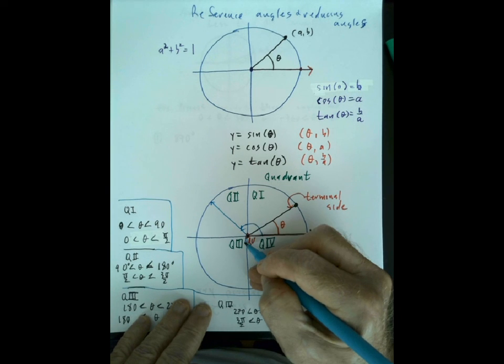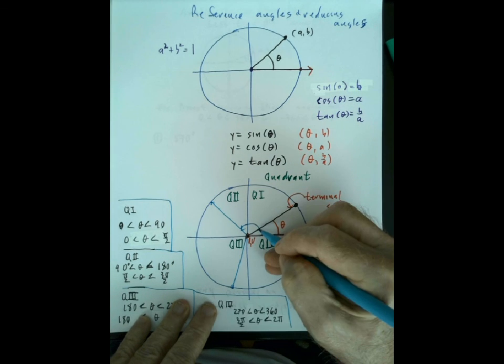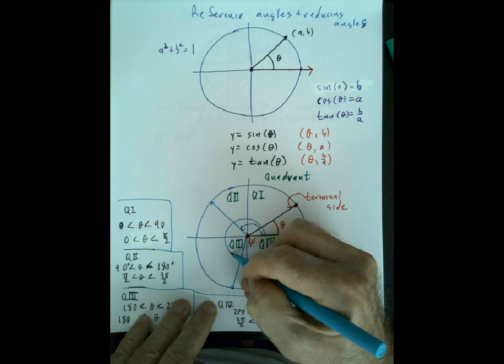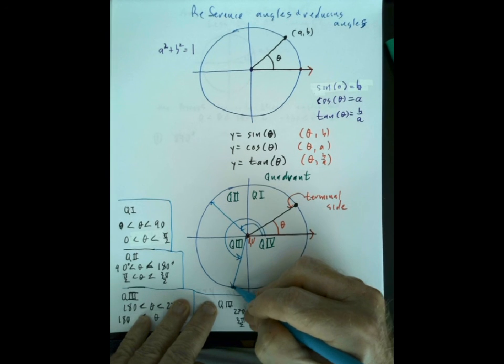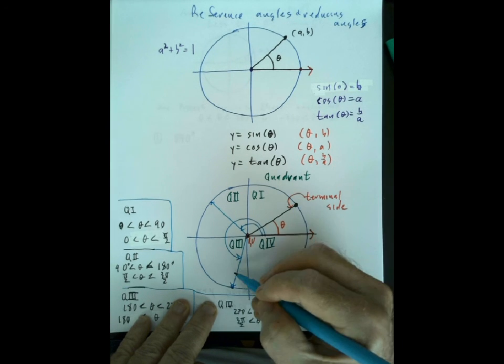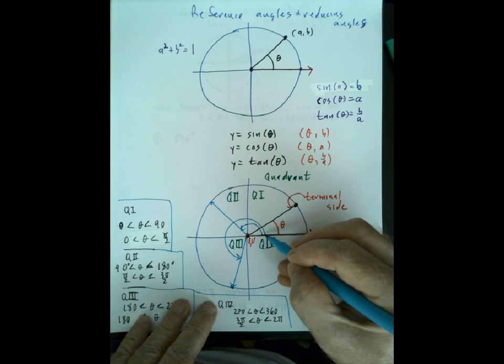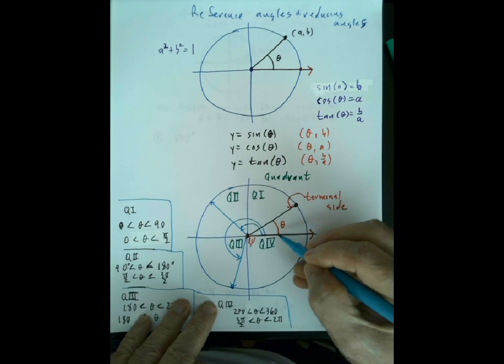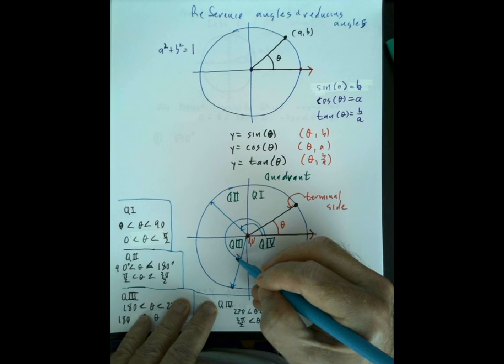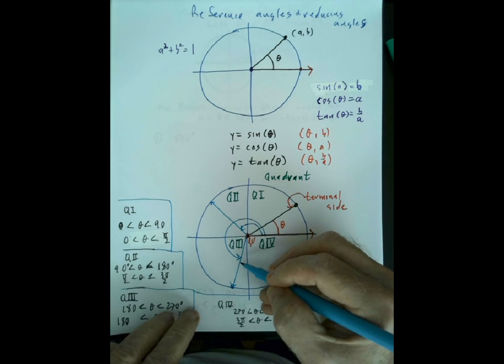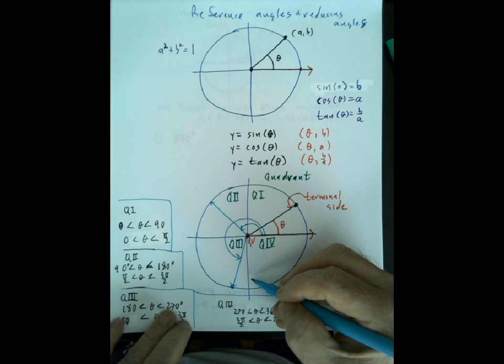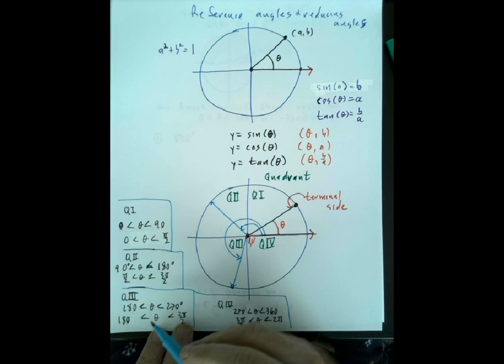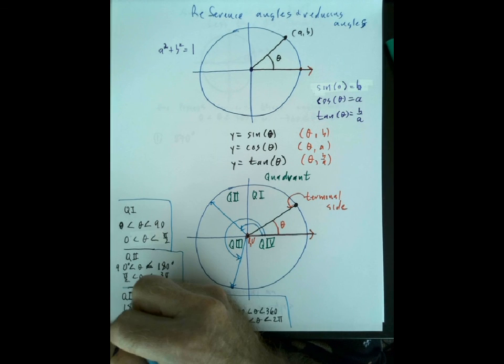Here is a Q3 angle, because its terminal side falls in this Q3 region, measured all the way from 0. This angle measure would be somewhere between 180 and 270, or between pi and 3 pi over 2.